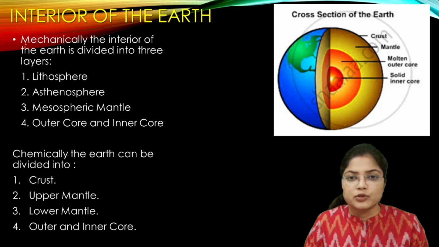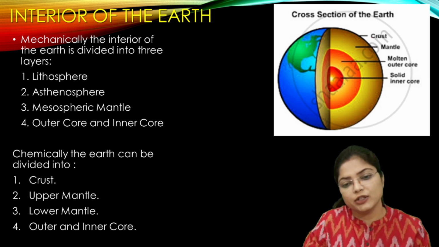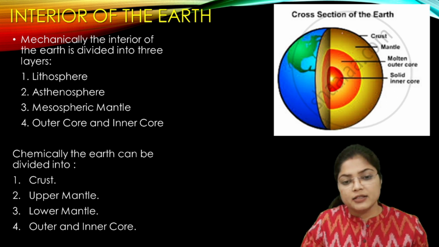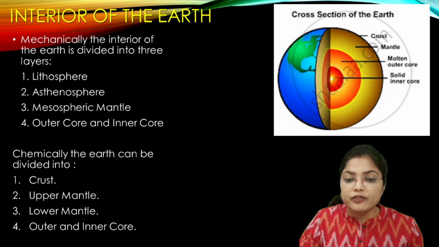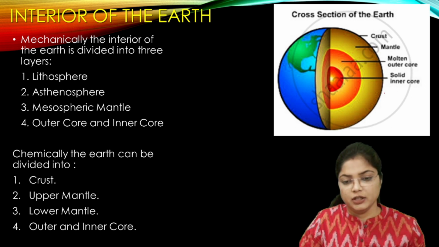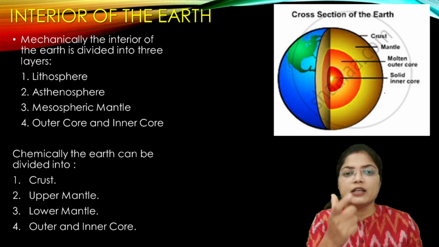Now we come to the topic interior of the earth. First here you see this is the shape of the earth, oblate spheroid. Now here you can see different layers of the earth. You can imagine it by taking a slice of cake.